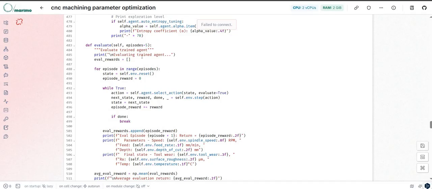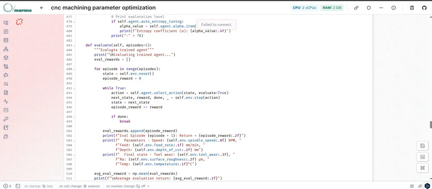Moving to evaluation. The evaluate method runs a fixed number of episodes but with deterministic actions. That means instead of sampling from the distribution, we take the mean action directly. The purpose here is to check how well the agent performs when it is not exploring anymore.